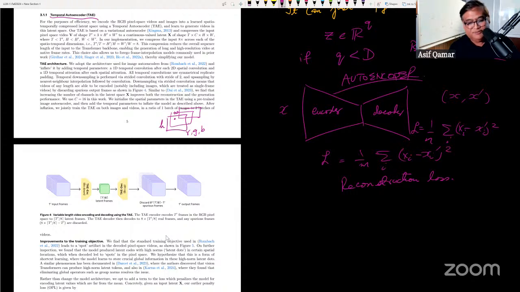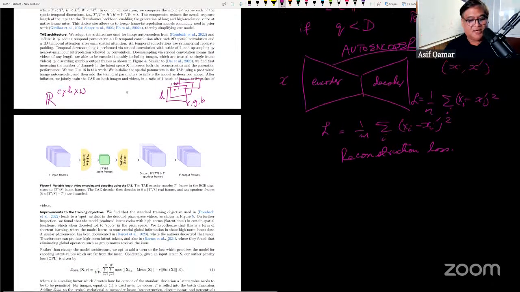So you need to give the coordinates of every pixel, which channel it belongs to, the RGB channel, what is the height, what is the width, isn't it? So therefore, it belongs to a Cartesian space of this dimension, C cross H cross W, isn't it? Makes sense, right?